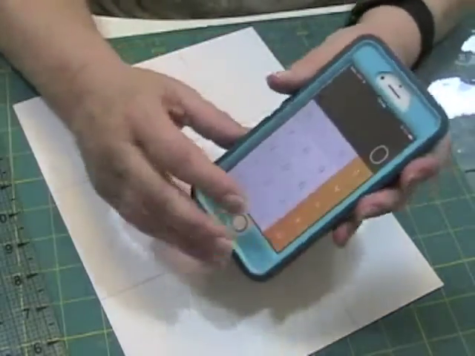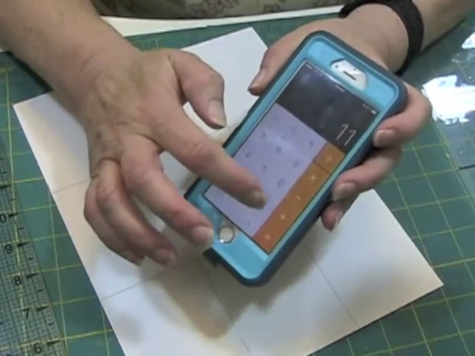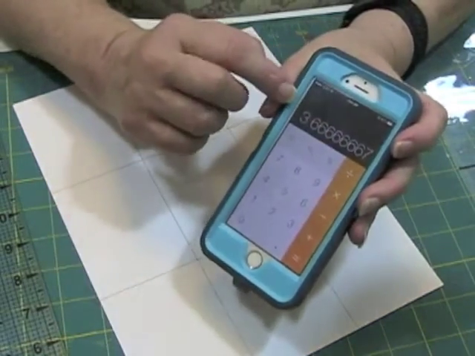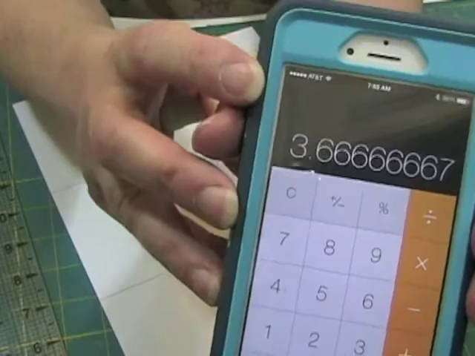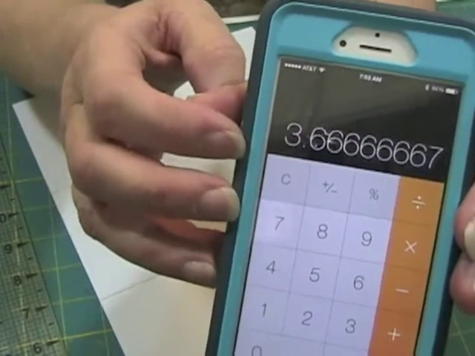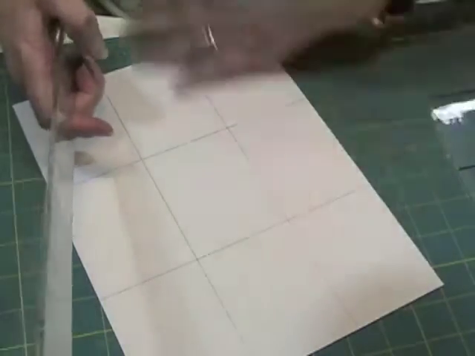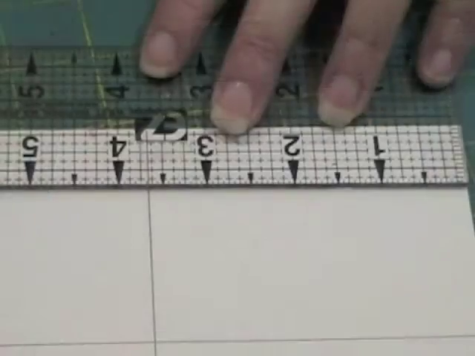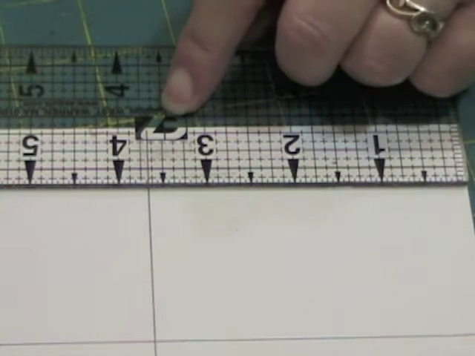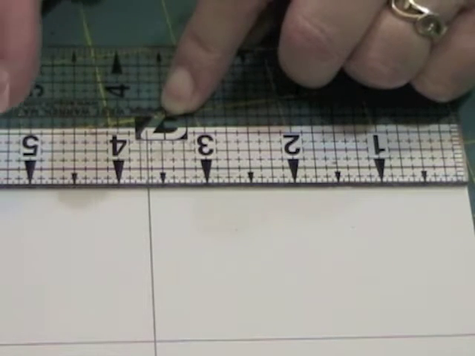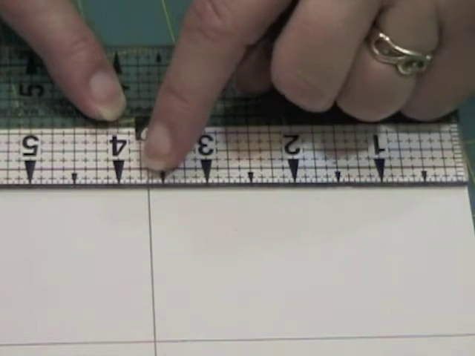Then I had to go back to my calculator, and I had to go 11 divided by 3 equals 3.6666667. So this is over 3.5. So on the 11-inch side, right here on my ruler, this is 3.5. And the 3.66 is not 3 3/4, which would be this line.